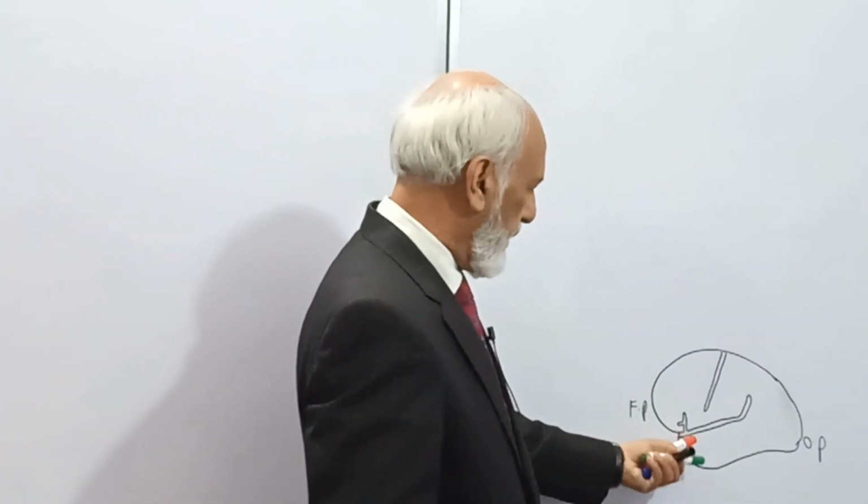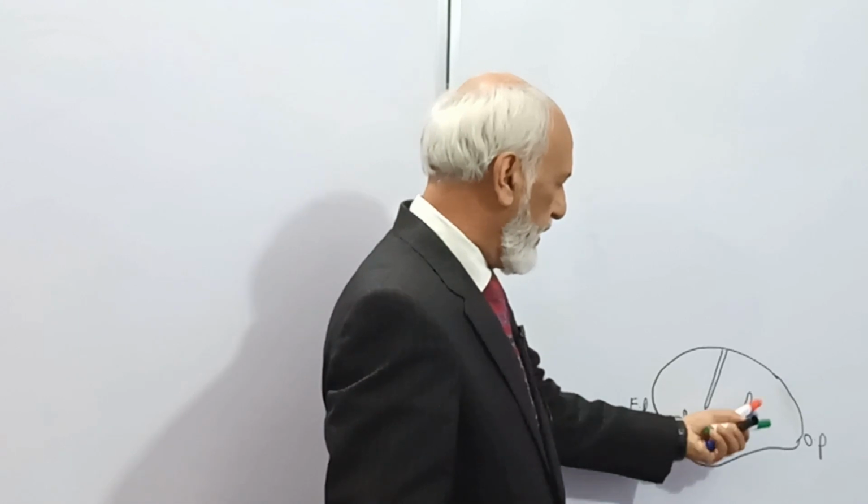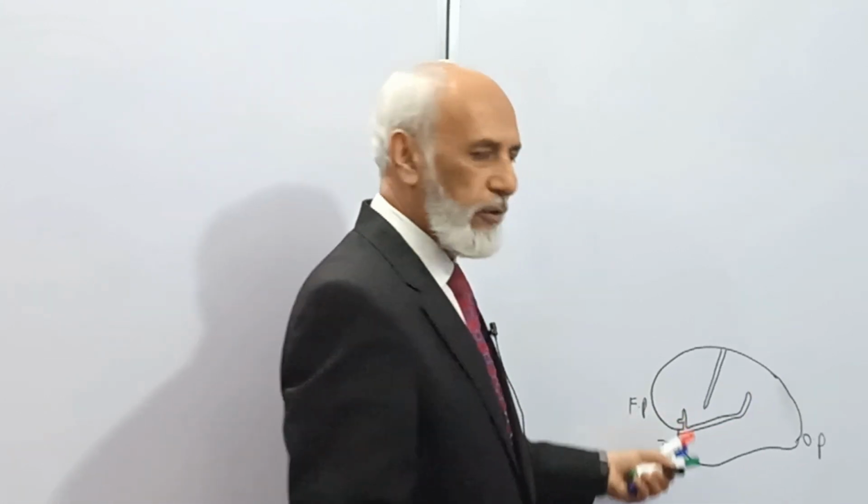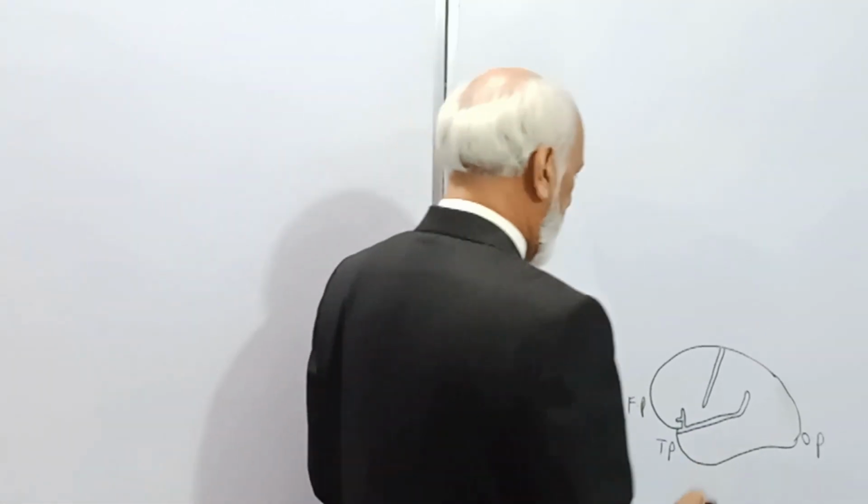This is the posterior ramus of the lateral sulcus, the anterior horizontal and anterior ascending rami.